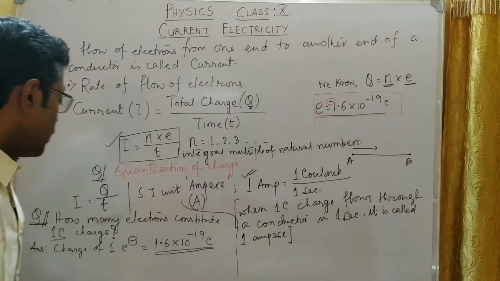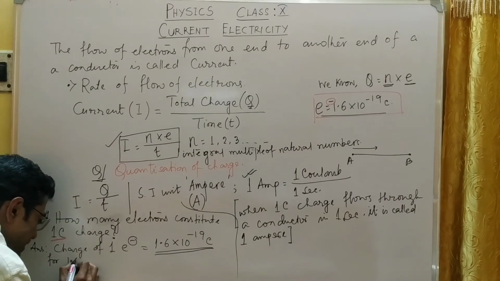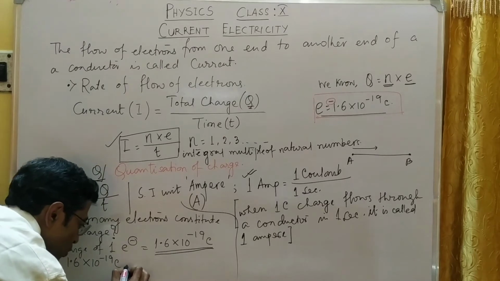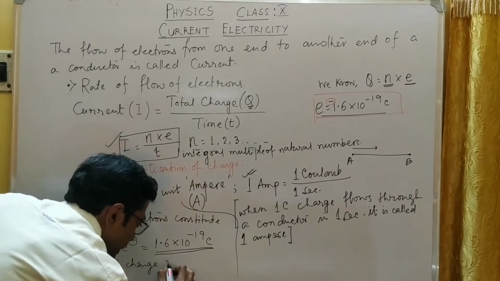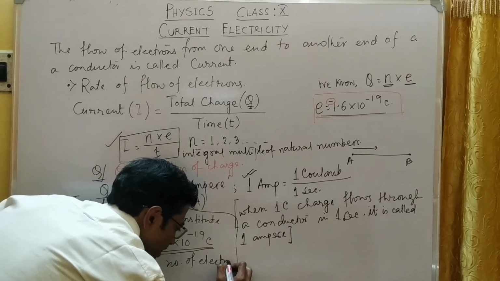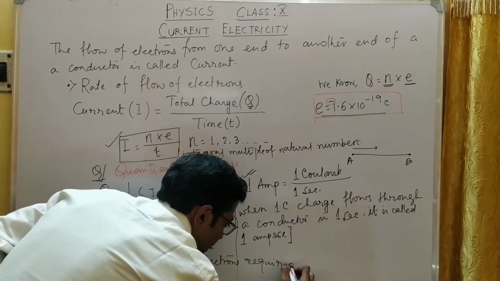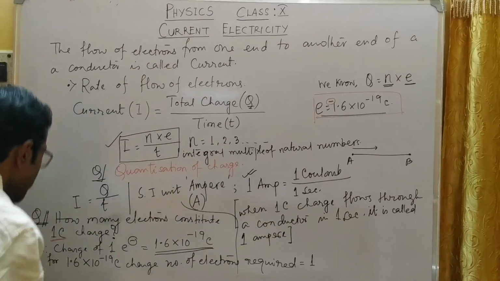Only 1. So for 1.6 into 10 to the power minus 19 coulomb charge, the number of electrons required is 1. Now we will apply the unitary method.